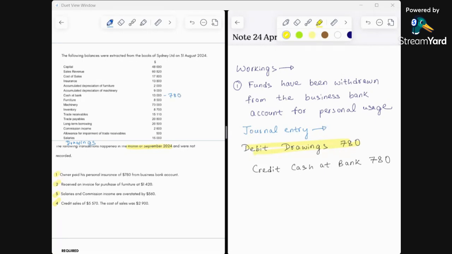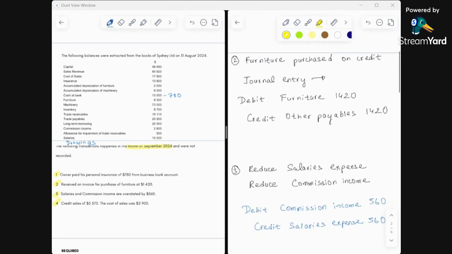All right. So let's now look into the second transaction. Received an invoice for purchase of furniture at $1,420. All right. When we are receiving an invoice, it actually means that we haven't paid for this item yet. Okay?